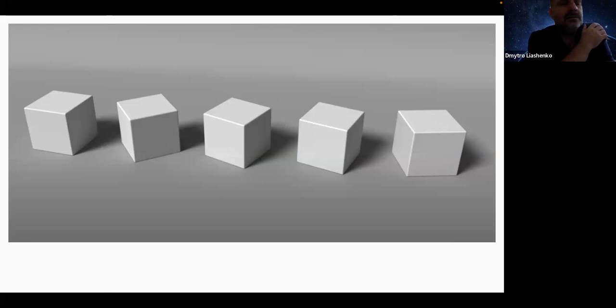Here you can see five objects, and these are similar objects, and we cannot find which of these objects is the main object in this row.